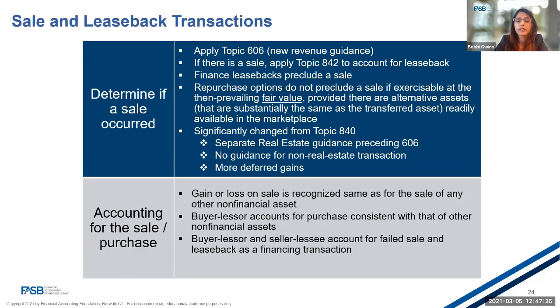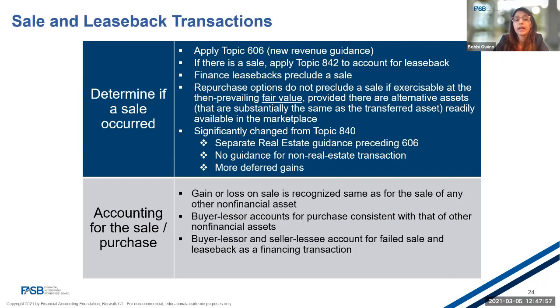It also provides 5 indicators, non-conclusive in isolation, to be assessed along with the control criteria to determine if a sale has occurred. So 842 refers to that guidance to determine if a sale has occurred.